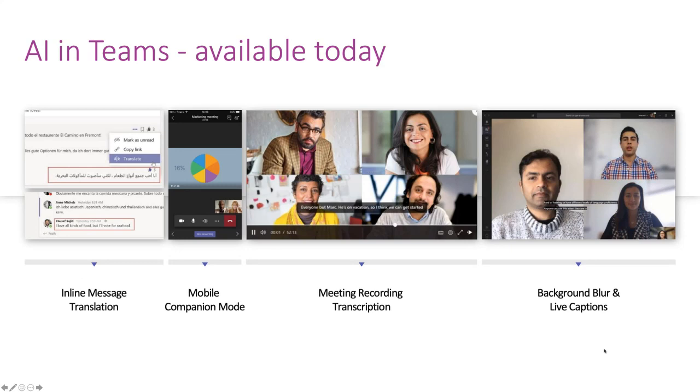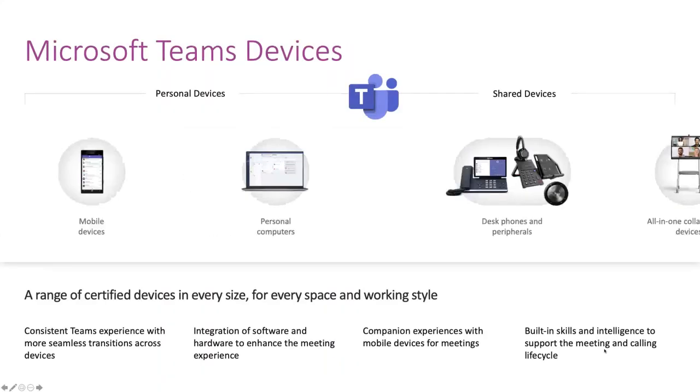So you can enable transcription within that meeting, which enables it to translate live for certain languages. You also have the option of blurring backgrounds, as well as doing those live captions that I mentioned earlier, something that a traditional telephony system wouldn't be able to do.